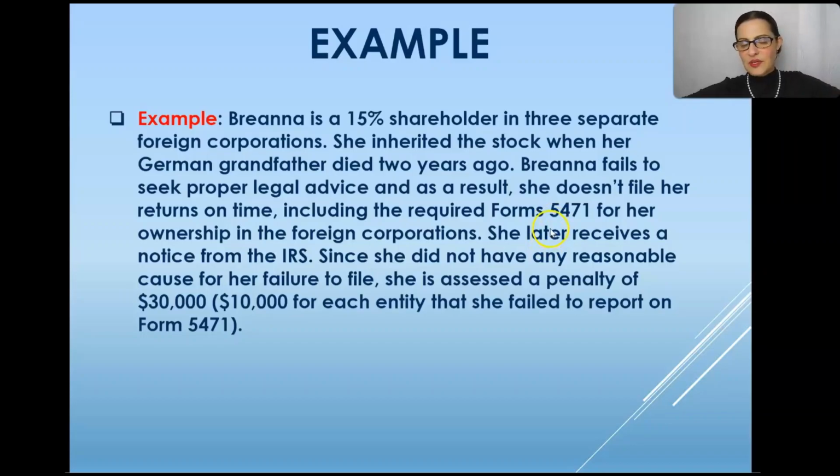So that's how U.S. citizens get in trouble, generally, with this filing requirement.